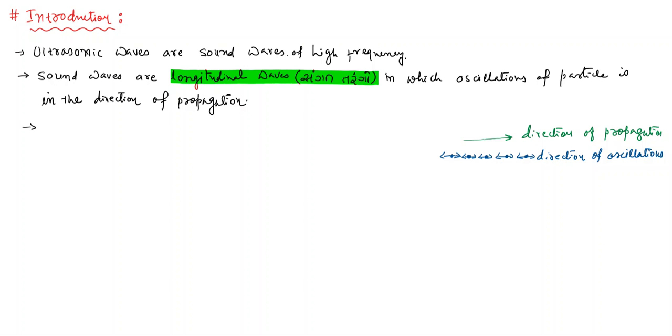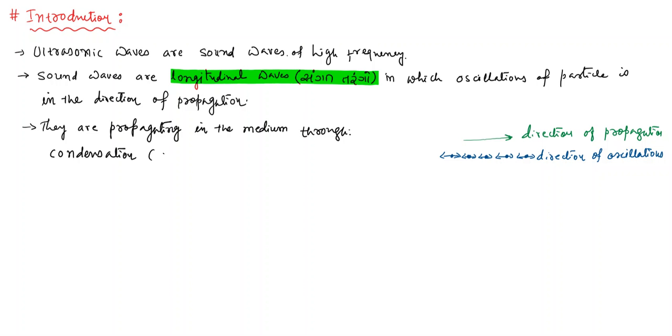The second point about sound waves or longitudinal waves is this: they are propagating in the medium through condensation, or it is also known as compression, and rarefaction.